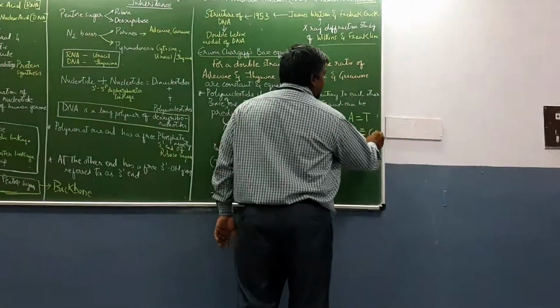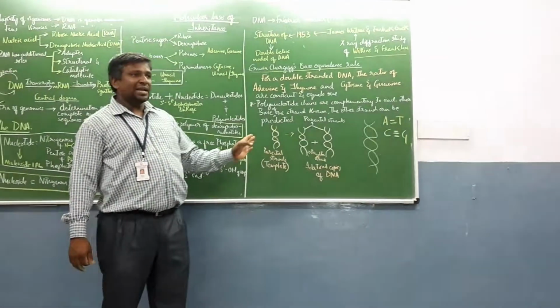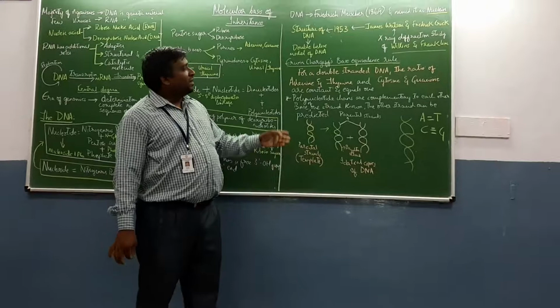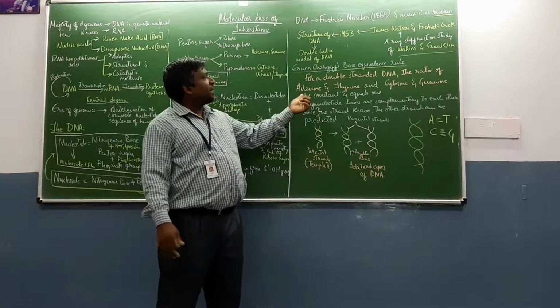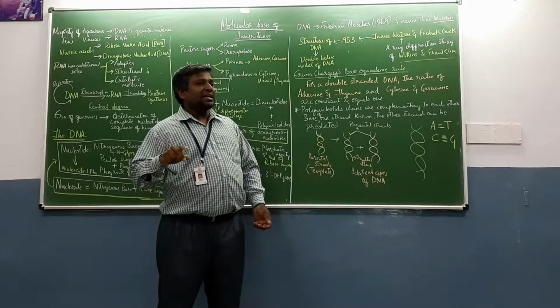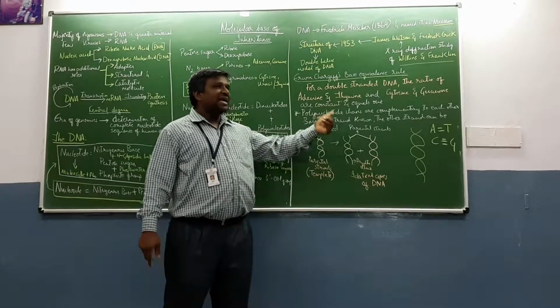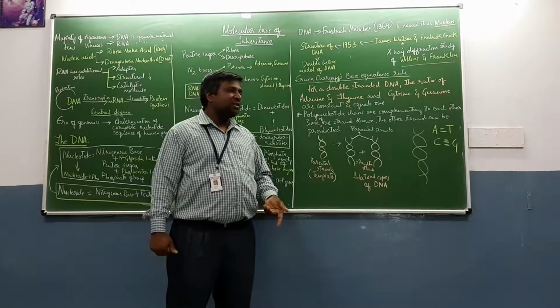Cytosine base pairs with guanine, the bond is a triple bond. You should know about that, and we'll discuss it when we come to the structure of DNA. So for any double-stranded DNA, the ratios are constant and equal to 1.